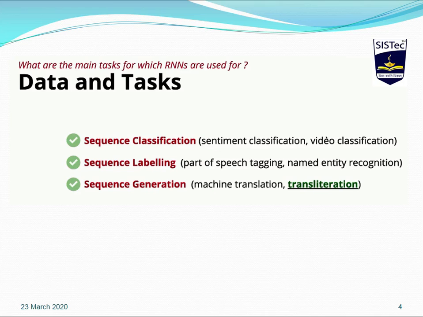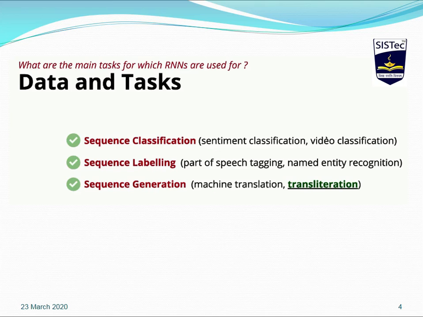The third one is sequence generation. In sequence generation we have m outputs for n number of inputs. For example, machine translation, like when we convert a sentence in Hindi to English. We have n number of words in Hindi and m number of words in English, like Bhopal in Hindi, and we convert it to Bhopal in English.